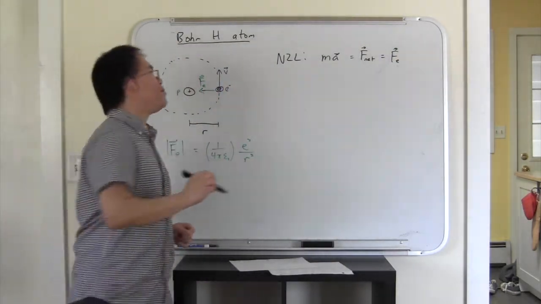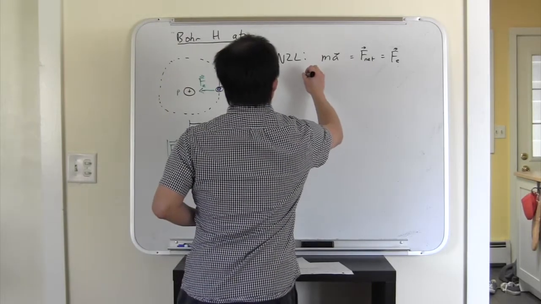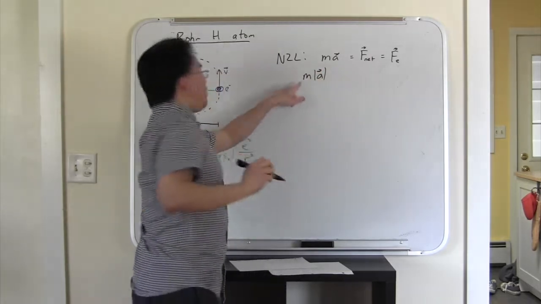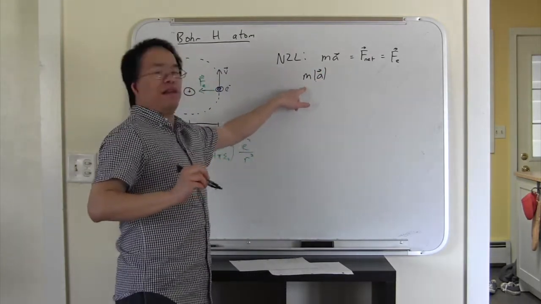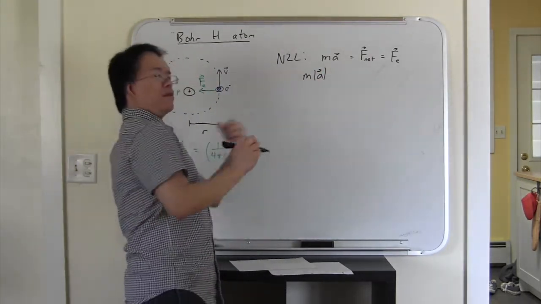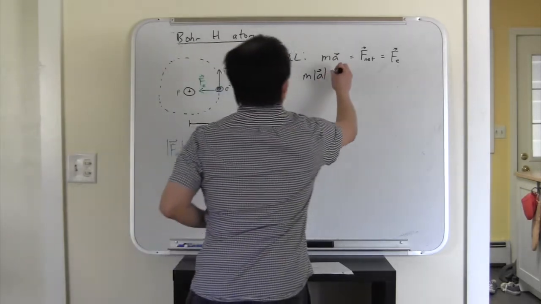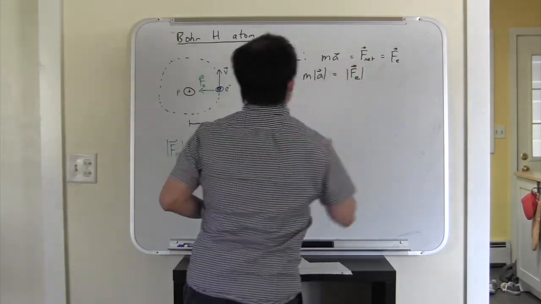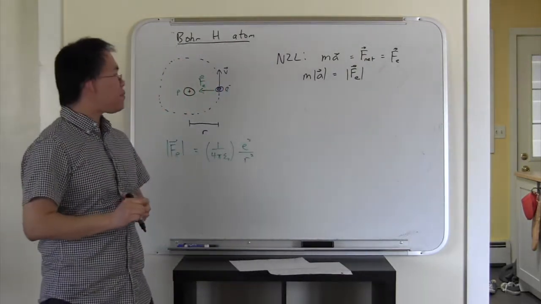Taking the magnitude of both sides, I have the mass of my electron, the particle we're considering the forces on, times the acceleration equals the magnitude of my electric force.